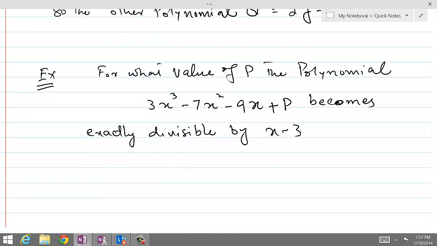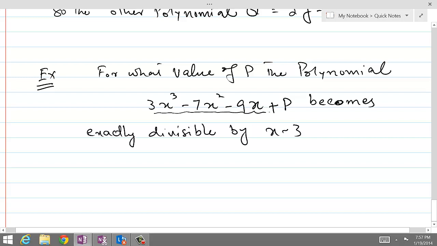As you have seen in the previous questions, if this polynomial is completely divisible by x minus 3, then what should be the remainder? Whenever there is an even division, like a complete division, the remainder must be equal to 0.